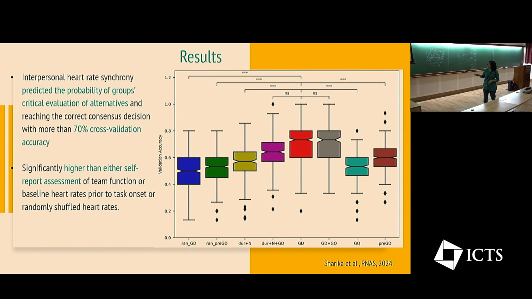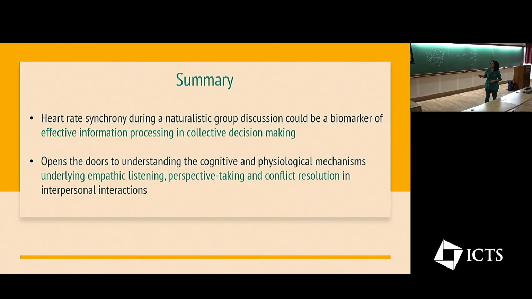This suggests that heart rate synchrony during a naturalistic group discussion task could be a biomarker of effective information processing in collective decision making. How that relates to brain signals, which people have independently shown to also synchronize when you understand something in the same way, is a future question to look at.